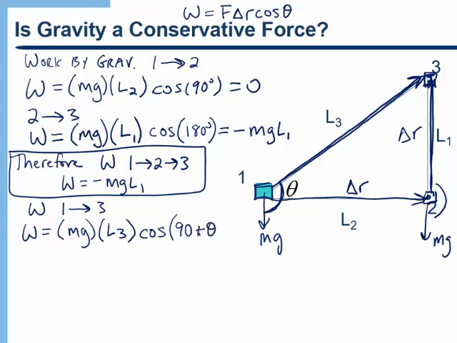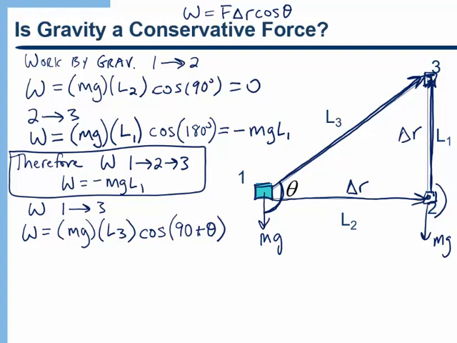Remember, our goal is simply to figure out: is the work done in going from position 1 to position 2 to position 3 the same as the work done in going from position 1 directly to position 3? So the question is, did we get the same thing? Now, at first, it's not obvious whether we did or not. We need to do a couple things here.